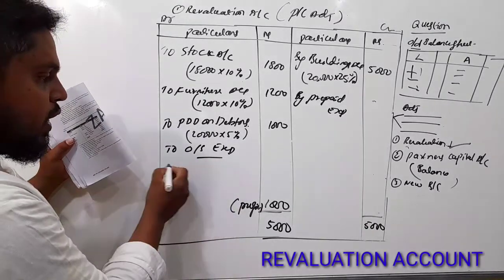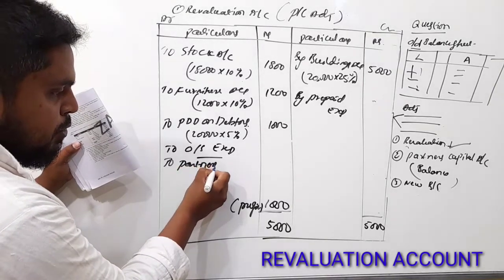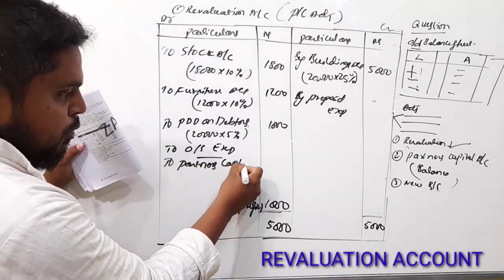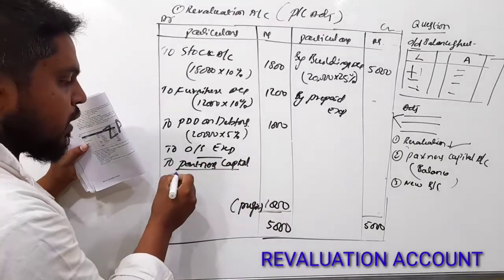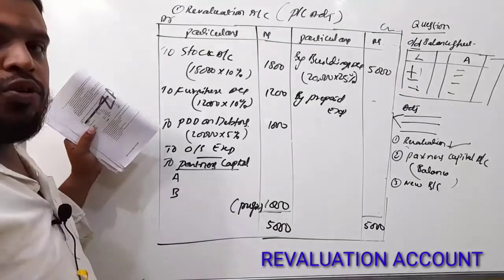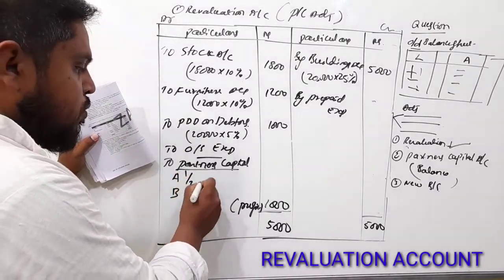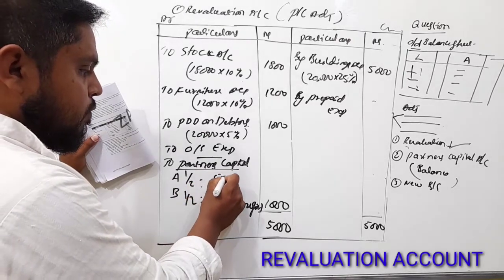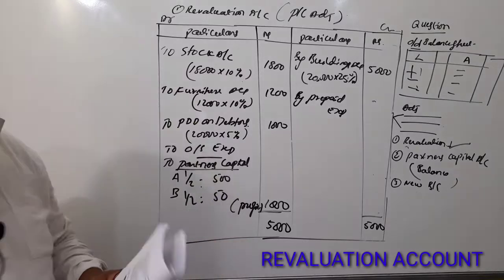So this profit transferred to partners capital account. So this profit should be shared only among the old partners in their old profit sharing ratio. So A and B ratio is not there. So equally you can distribute, that is 1/2, 1/2. So each partner fine. So this is a revaluation account.